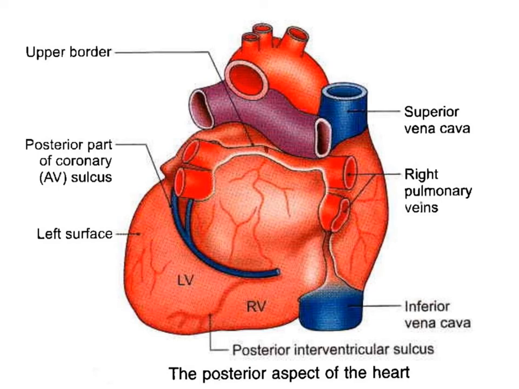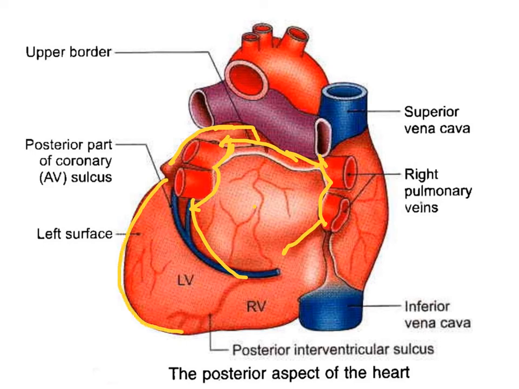So this forms the left atrium, and you can see these two openings here. These are the openings of the pulmonary veins into this left atrium, whereas this part is the left auricle. This is the left auricle, and this part is the left ventricle here. This is the left ventricle up to here.